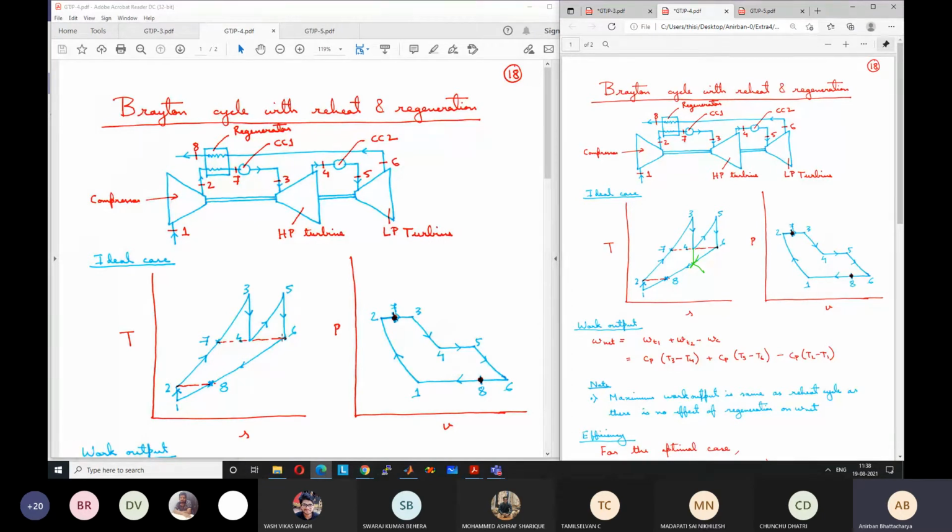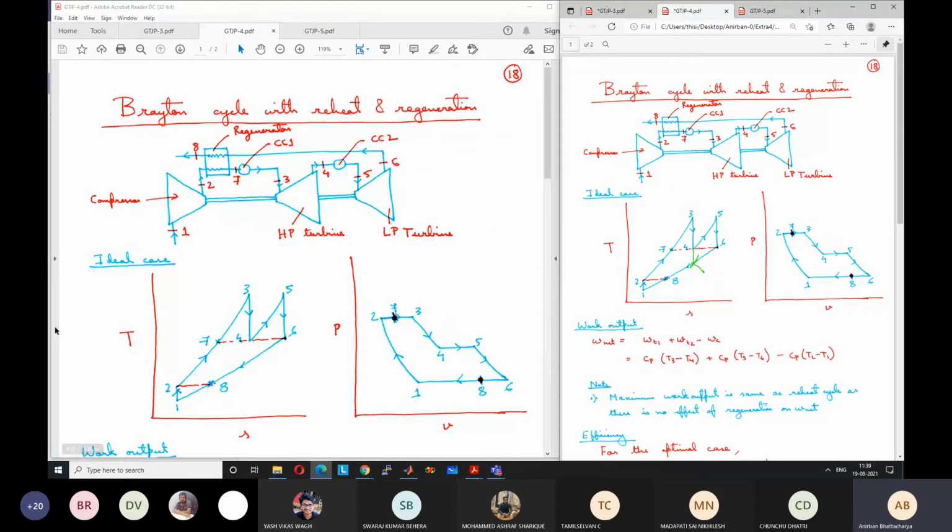So this heat from 6 to 8 goes for heating the air from the compressor. So it heats the air from 2 to 7. So Cp(T7 minus T2) is equal to Cp(T6 minus T8) from the energy balance in the regenerator. And finally, the exhaust gases go out at a relatively lower temperature T8.